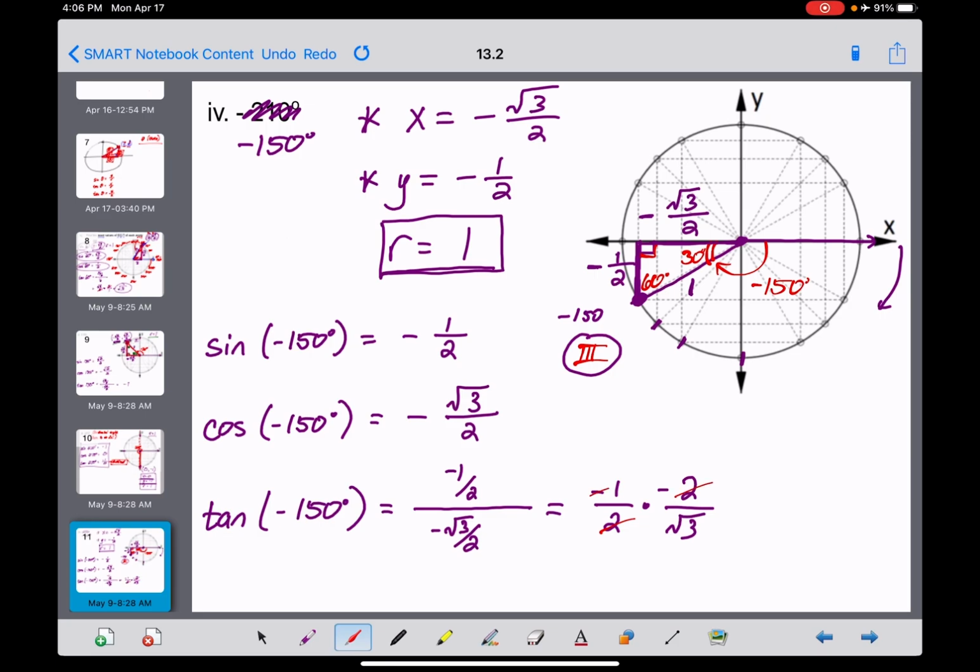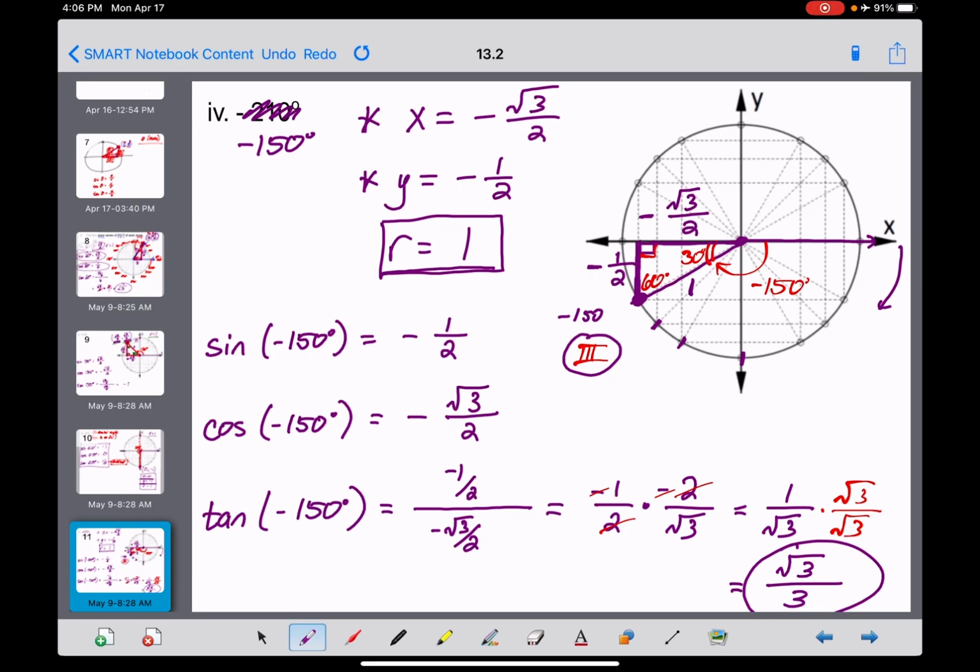Oh, a negative times a negative makes a positive, so that's nice. And we end up with 1 over the square root of 3. But we can't leave that radical in the denominator, so we have to rationalize. We'll multiply top and bottom by the square root of 3. And that gets us, in the numerator, 1 times the square root of 3, which is the square root of 3, and in the denominator, root 3 times root 3 is just 3.